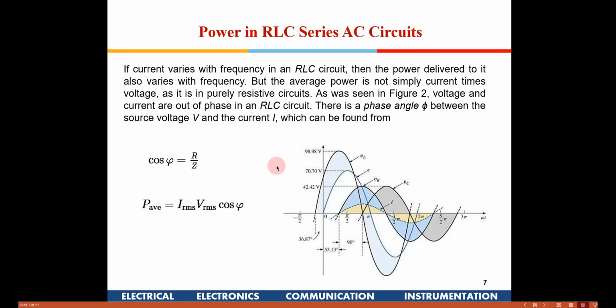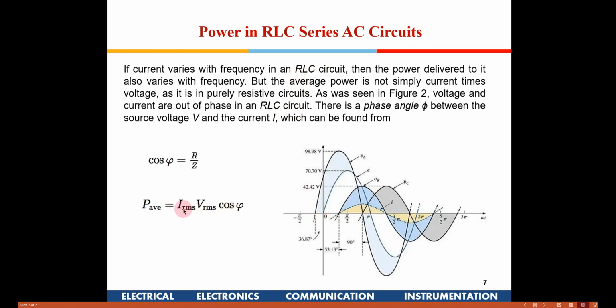Whereas for a resistance, we computed in the previous class that the power was IRMS into VRMS, because phi was 0, as the current and voltage are in phase, and hence cos 0 was 1. So when you have an RLC circuit, it is a case in between these two extremes.